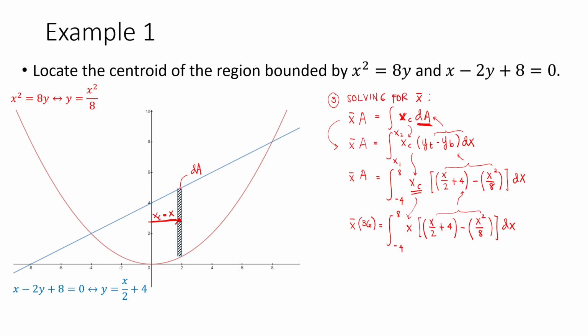So you're now ready to solve for bar x. You're going to solve first the right hand side because there's a limitation on the calculator. You cannot solve bar x directly because you'll be having many unknowns in the equation. So solve first the right hand side and then divide it by 36 to get the bar x value.